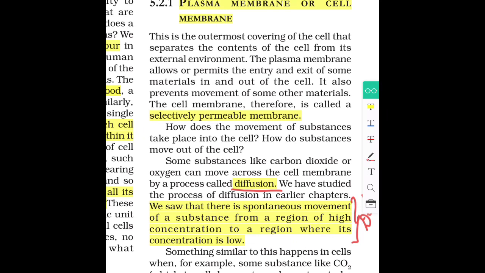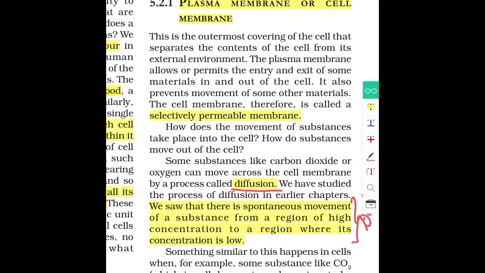All the substances in the universe tend to come to an equilibrium, and so here the law of equilibrium is followed, and the substance from a region of higher concentration tries to move to an area which is lower in concentration than the other one. So, this makes the movement of the substances easy.